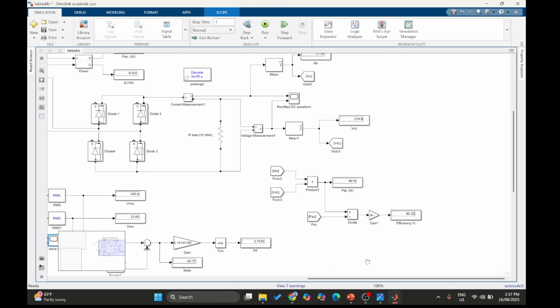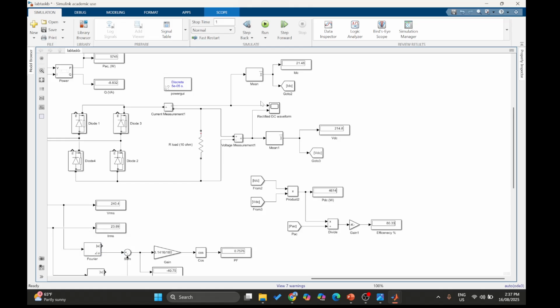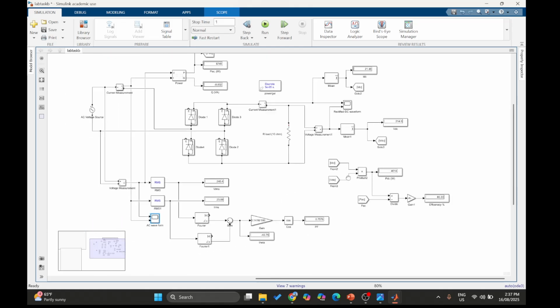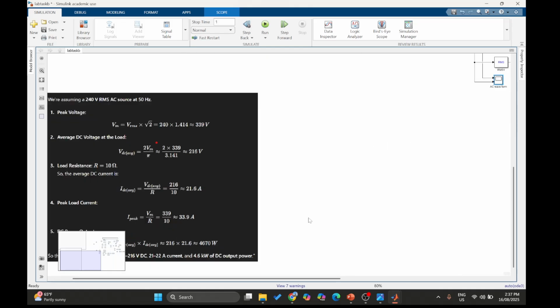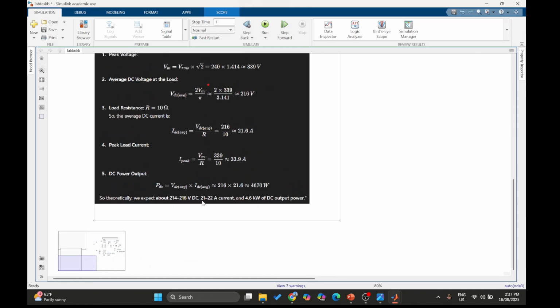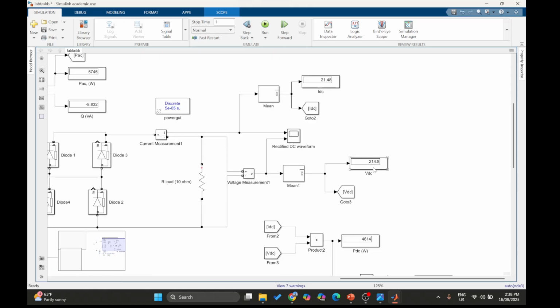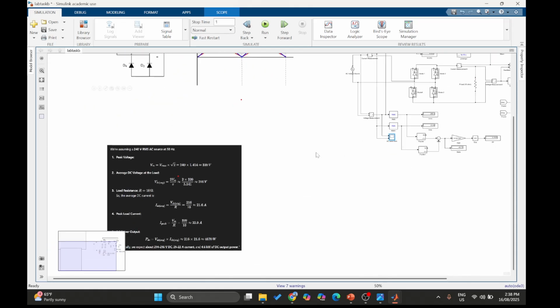Now at the load side, you can see that we are getting an IDC of around 21.48 amps, which is almost similar to the calculated average DC current, and the DC voltage is 214.